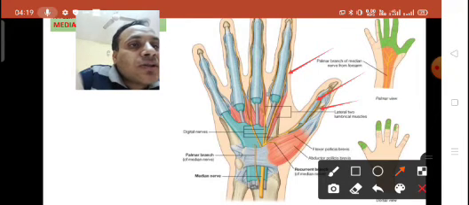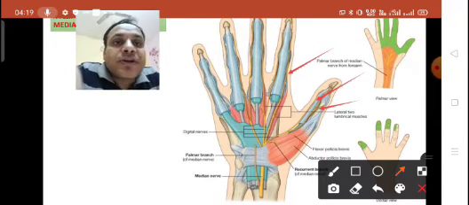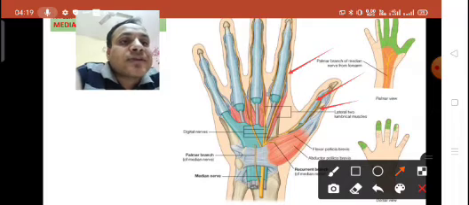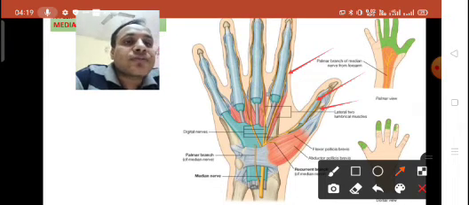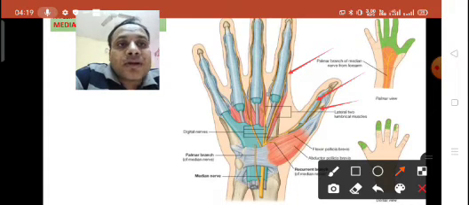All three proper digital branches arise from the lateral division of the median nerve.